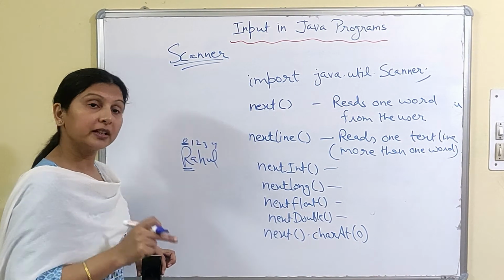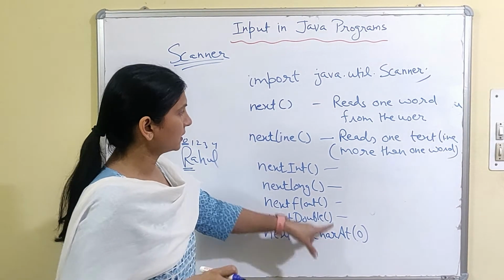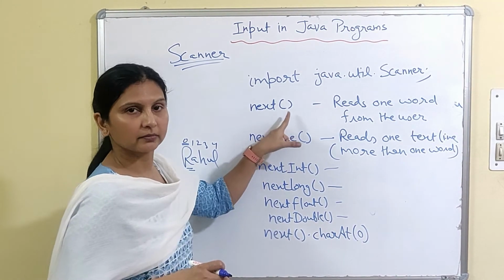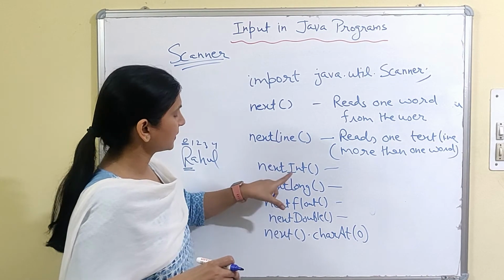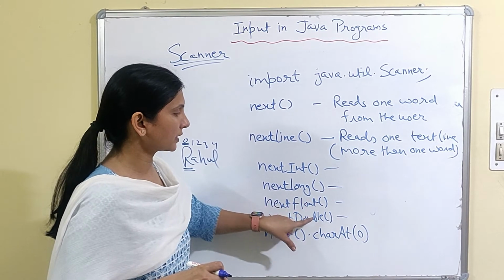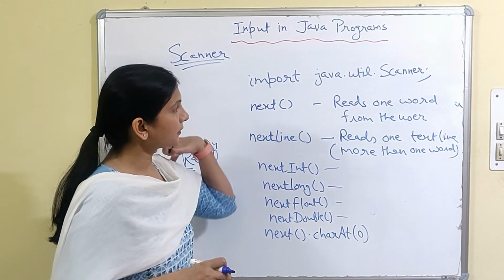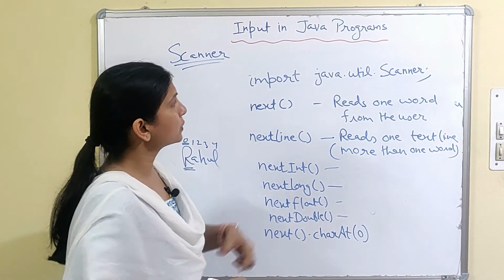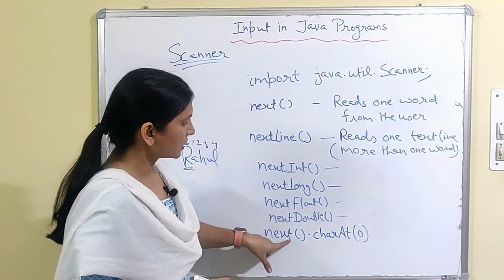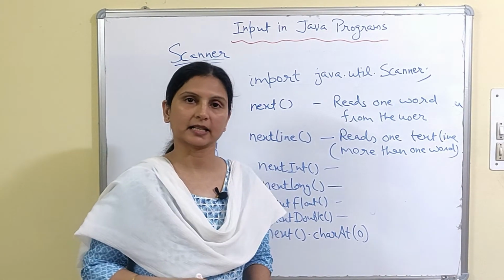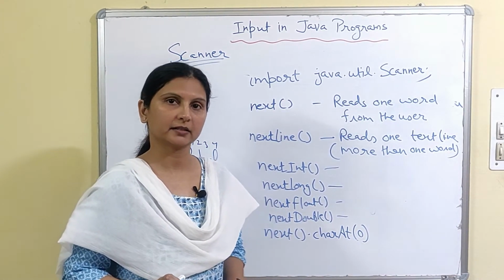R. So it will return a character. next will return a string, because these are string words only. The others will return integer, long, float, double. So these are the functions of the Scanner class. Now if you want to use these functions, you need to import the Scanner class.